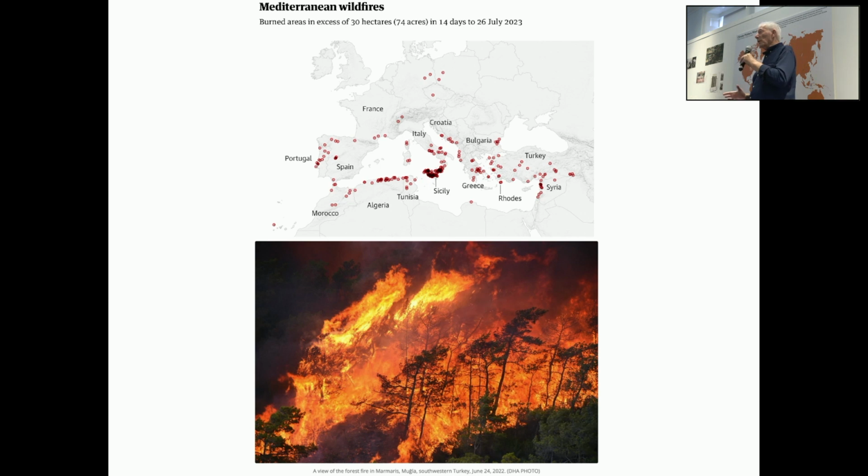Some ecologies, like Australia, have evolved certain kinds of trees that rely on fire. But mostly, Europe and the Northern Territories are populated by trees and plants that don't need fire and can't really resist it.